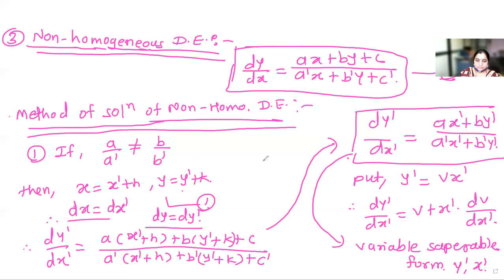Okay, so in this way we solve the non-homogeneous differential equation if the ratio a upon a dash is not equal to b upon b dash. Understood? So now we move towards the example. Let's see the example.